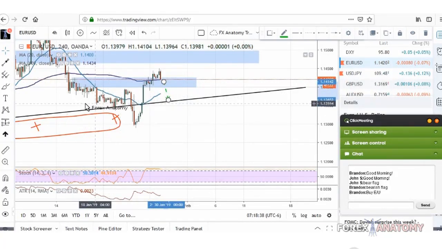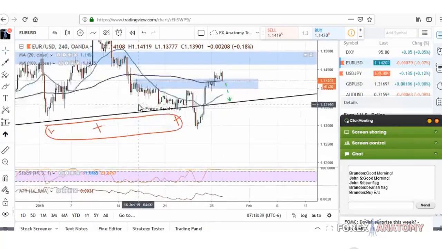I was just going to add, there are various entry strategies that you could apply even to this potential setup that would give you a good risk to reward if you know how to actually enter in.